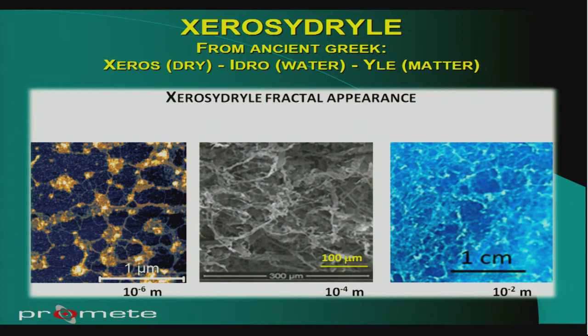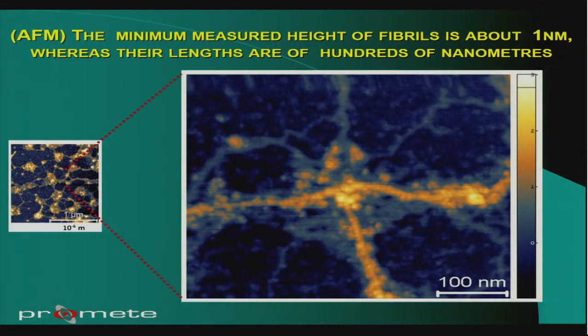And if we go with the atomic force microscope to see at 1 micron, we see a similar web. But using the atomic force microscope to try to understand the way in which this matter is organizing was difficult, because if you put 1 drop on the sample holder of the atomic force microscope, you obtain a lot of this matter.